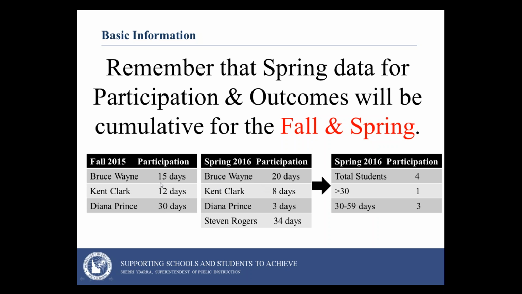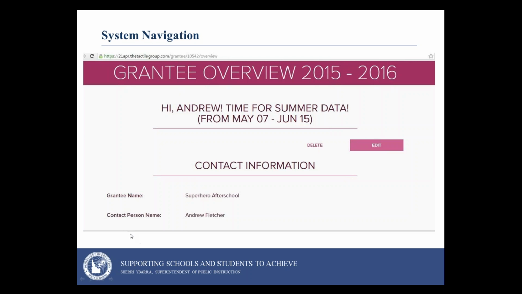As you can see here, 8 plus 12. And then you had 3 students attending 30 to 59 days. Bruce Wayne attended 35, Diana Prince attended 33, and Stephen Rogers attended 34. So remember, spring data for participation and outcomes will be cumulative for the fall and spring.